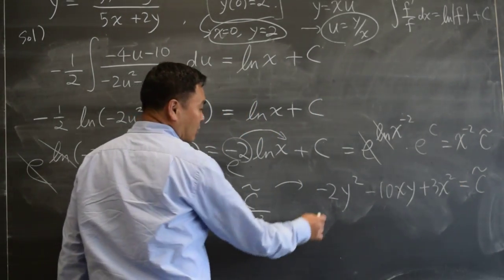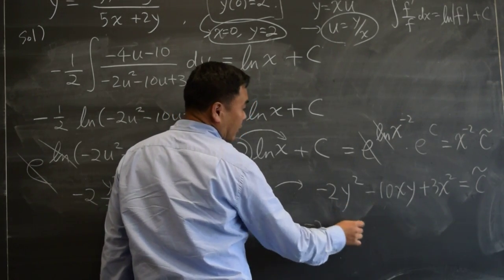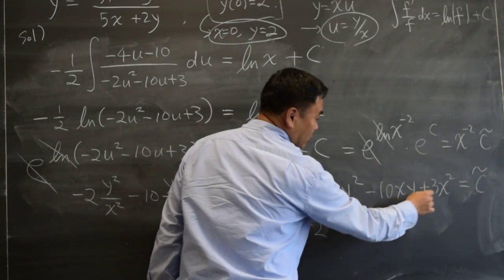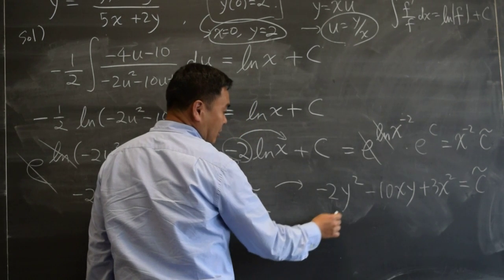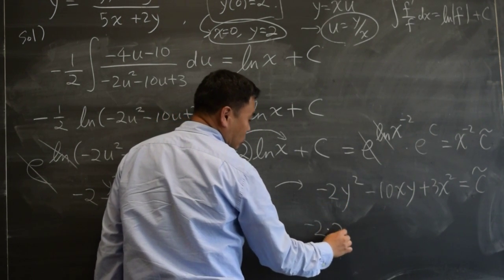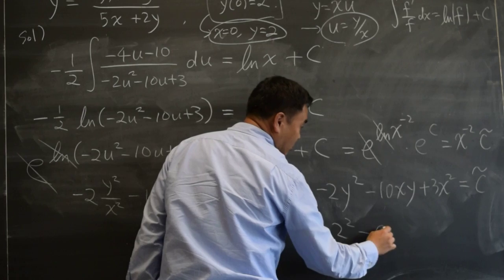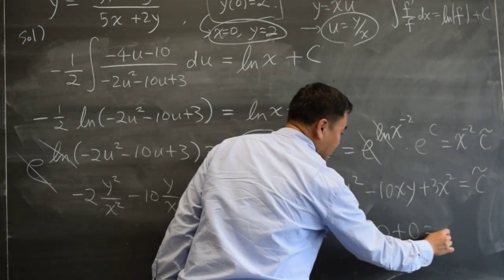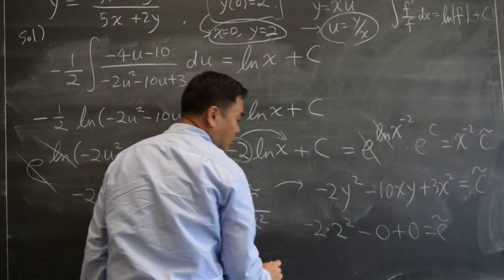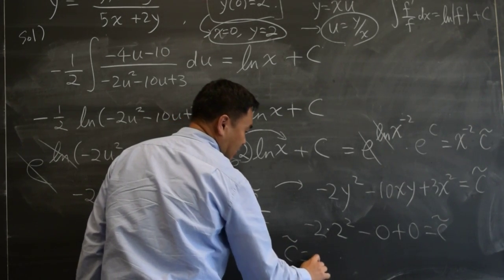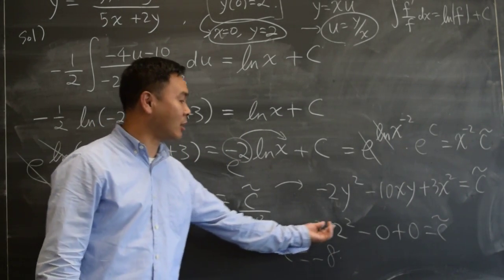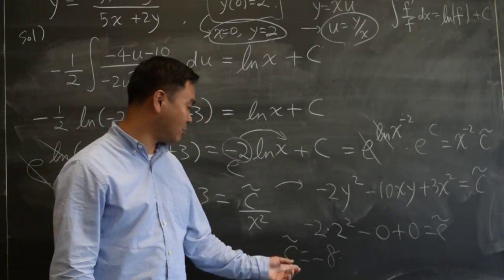So let's do that. When x is 0, so if I plug in 0 here and 0 there, then y has to be 2. So negative 2 squared minus 0 plus 0 is c tilde. So c tilde must be negative 8, because negative 2 times 2 squared, that's 4. 4 times negative 2 is negative 8.